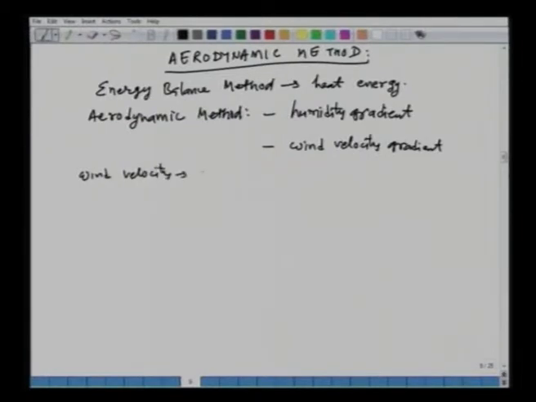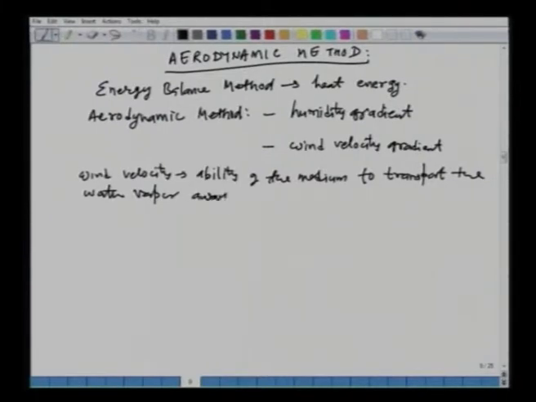It is the ability of the medium to transport the vapor, or the water vapor, away from the water surface.